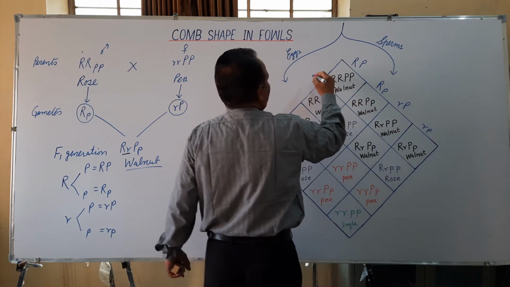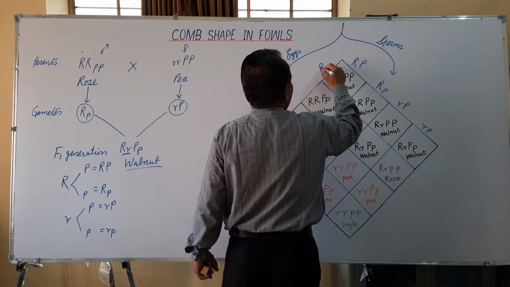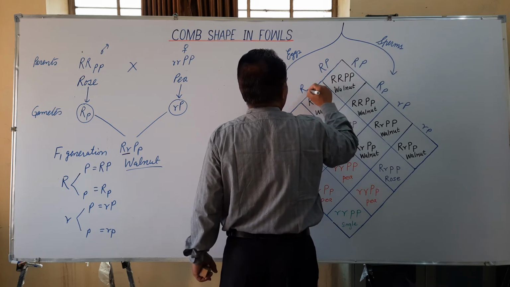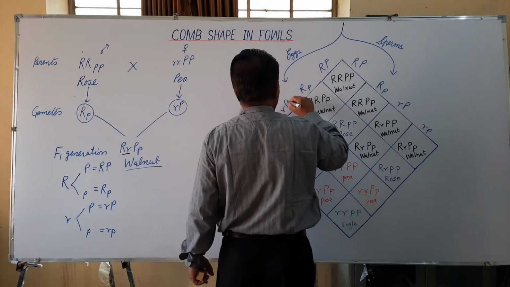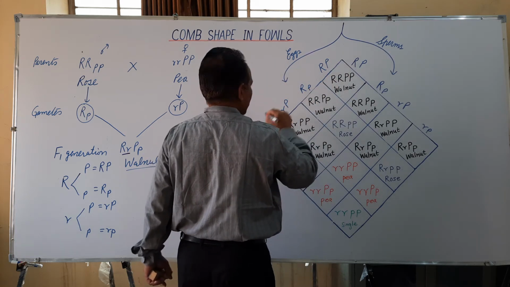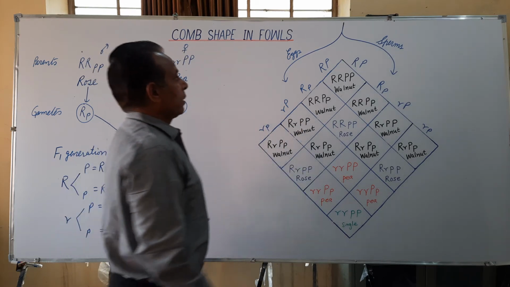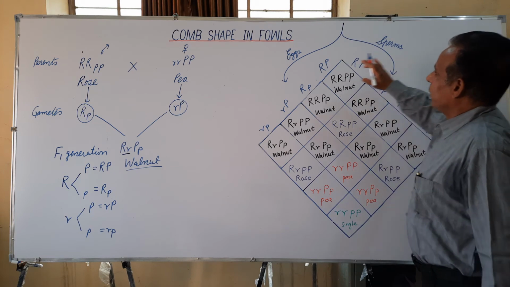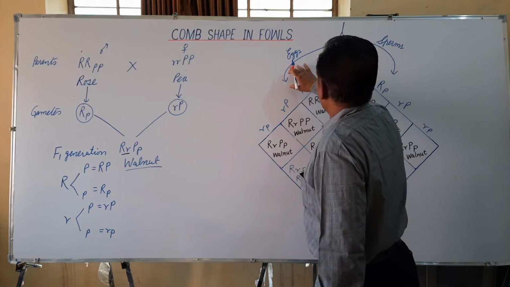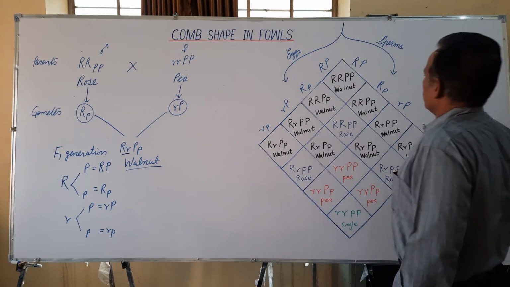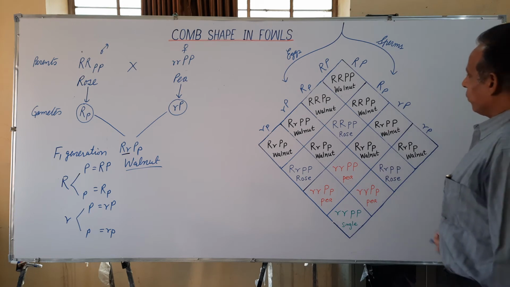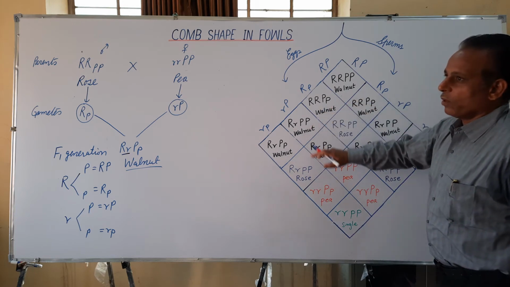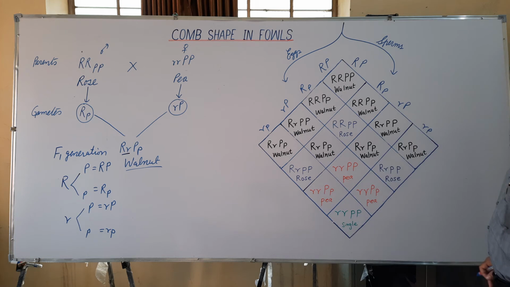Likewise, the female gametes are also capital R capital P, capital R small p, small r capital P, small r small p. So these four types of male gamete and four types of female gamete fuse randomly to produce 16 types of zygotic combination.